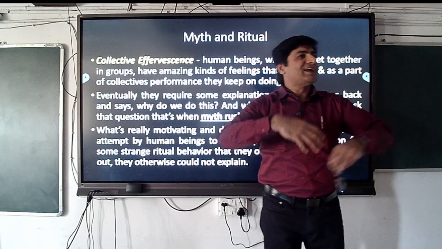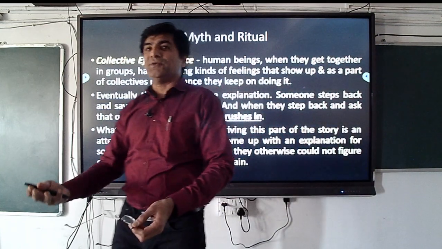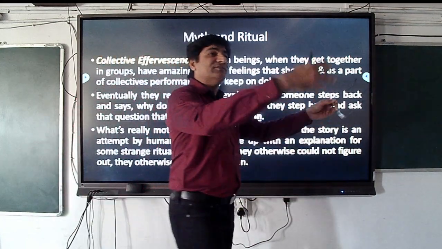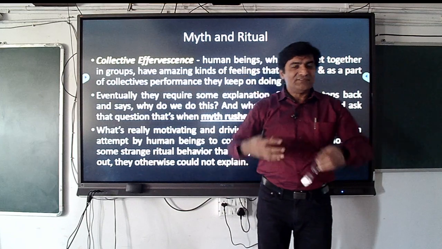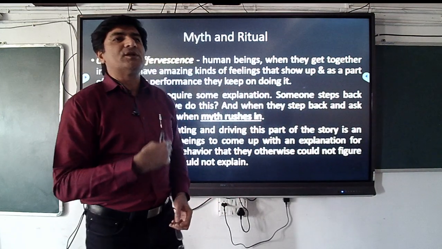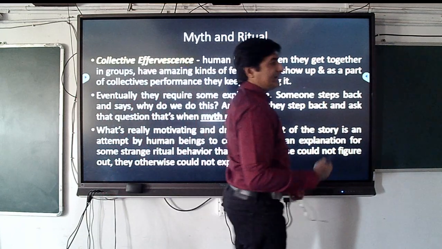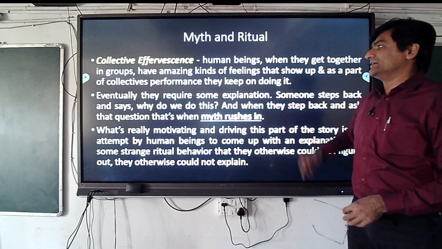There is nothing else so important. The world is a larger stadium, and within it we have our own rituals and practices which people keep on repeatedly doing. Sometimes this behavior is collective effervescence.